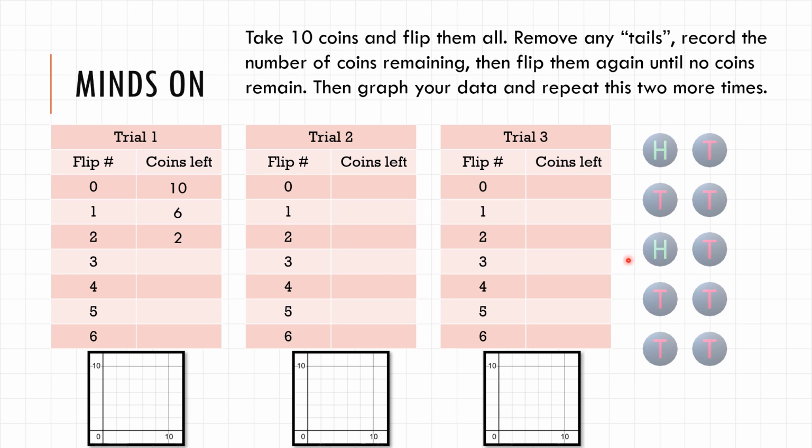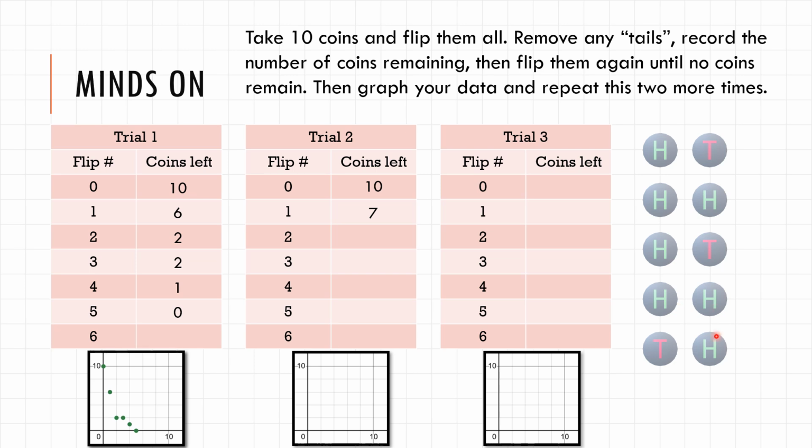When I flip those 2, both turned up heads again, so that's still 2 remaining. Now there's only 1 remaining, and when I flip that one, there we go. So now there's none left. So these are how many coins were remaining after these many flips. We're going to plot that data on a graph real quick, and then move to flipping all the coins back to heads and trying this one again.